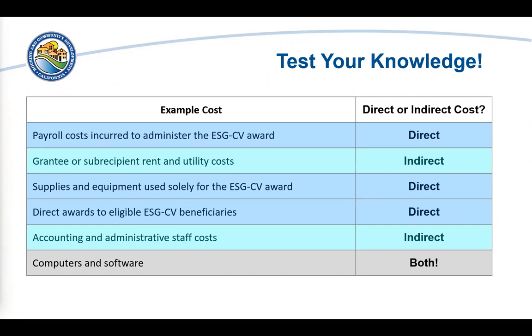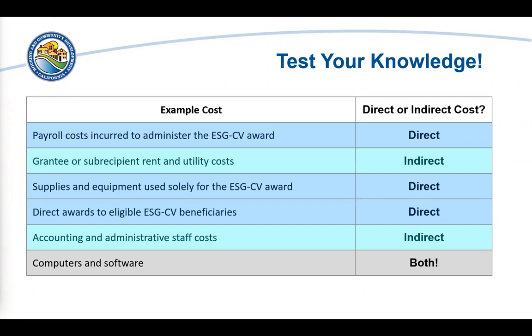So in all three of those examples, there is a direct link between the cost itself and where it went, right? And so it's very easy to see that was for the ESG CV award. There's no indirect trying-to-figure-it-out process. It is clearly for that purpose. That is a direct cost.